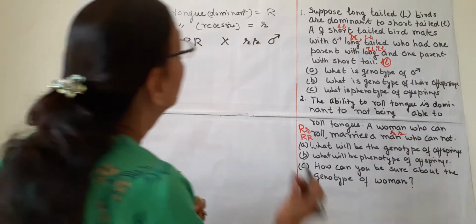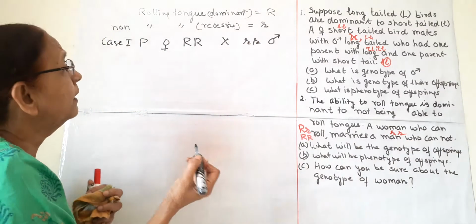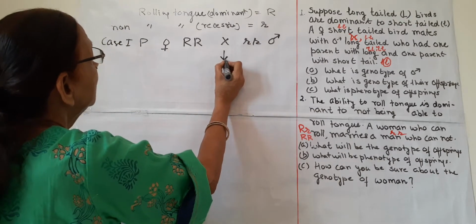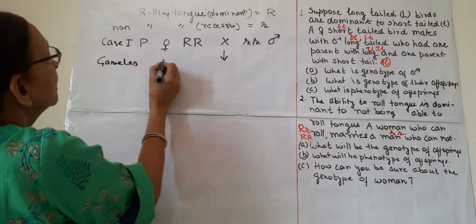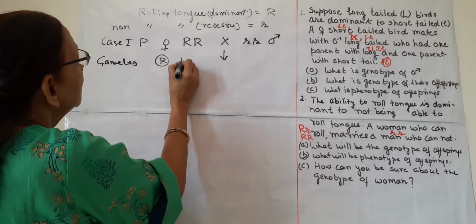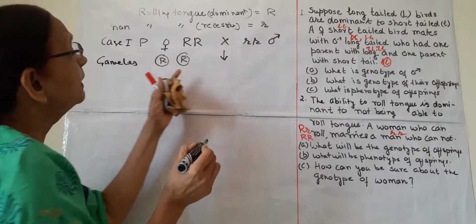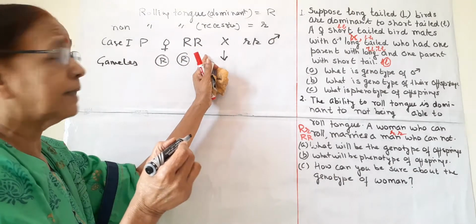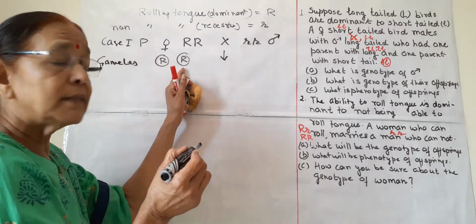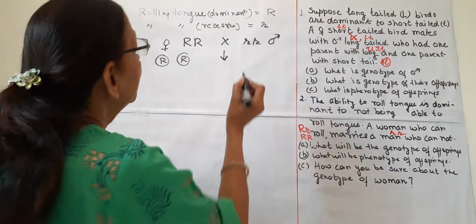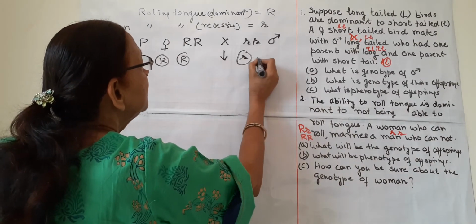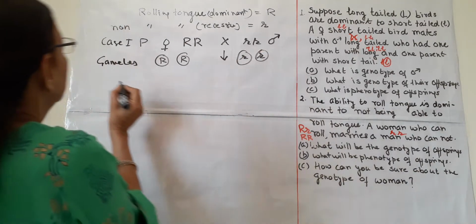This one having non-rolling character. So again we will write gametes here. Gametes are R. We only encircle gametes, not the somatic cell. This gamete is encircled to differentiate it from the somatic cell. So here these will be the gametes.